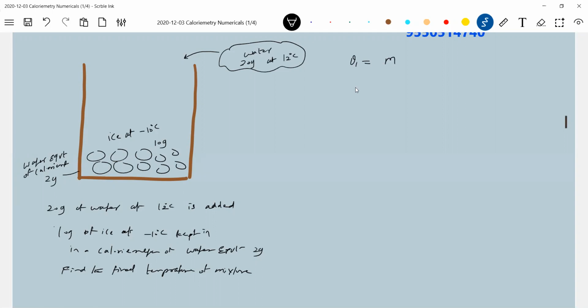Specific heat of ice is 0.5 calorie per gram per degree Celsius. Specific heat of water is 1 calorie. Latent heat of fusion is 80 calorie per gram.